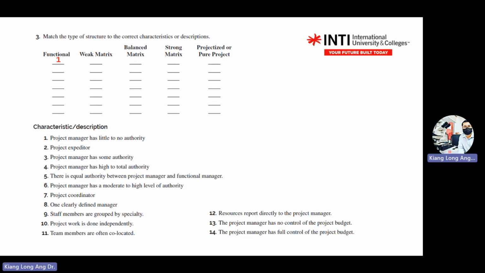All right, second one, expeditor. Can someone Google what is expeditor? Check, because I also don't know. What is the meaning of expeditor?